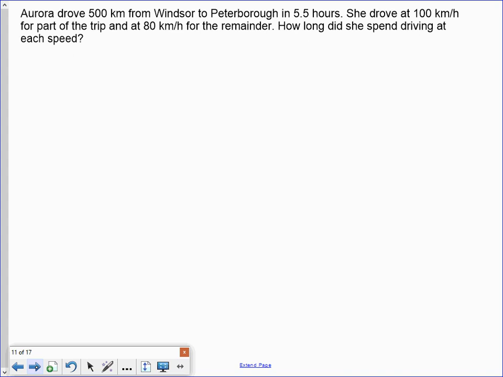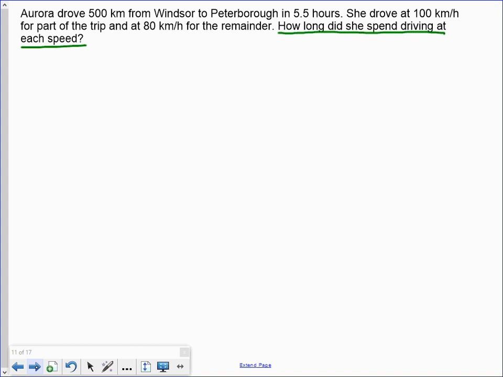So the question here says Aurora drove 500 kilometers from Windsor to Peterborough in 5.5 hours. She drove at 100 kilometers per hour for part of the trip and at 80 kilometers per hour for the remainder. How long did she spend driving at each speed? In this question, just like the ones we did yesterday, how long did she spend driving at each speed indicates what we're trying to find.